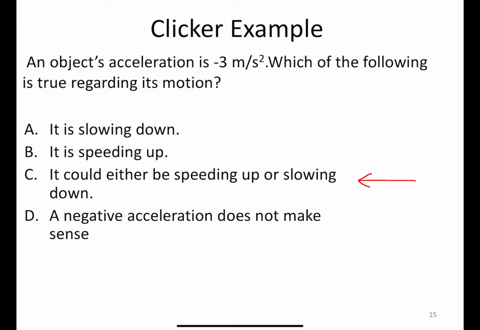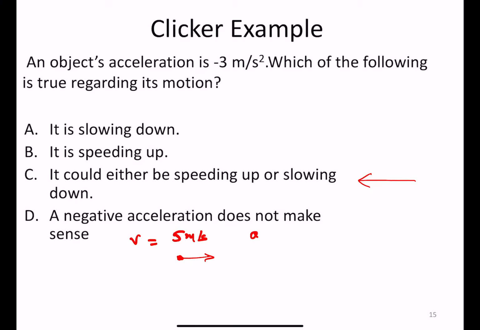Now, a lot of students get this question wrong because you might intuitively think of a negative acceleration as a deceleration, but that is not quite the case. So let's look at some numerical examples to make this clear. Suppose you have an object that's moving at 5 meters per second, and it has a constant acceleration.